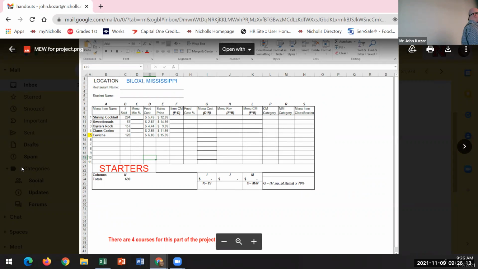And the two things that you have to use as tools for that are going to be your menu engineering worksheet and your income statement.